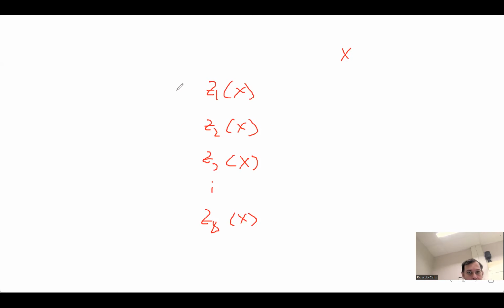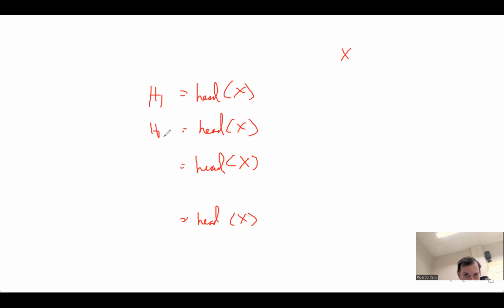And they produce these values. Actually, all these should have been head, and these should be C's.